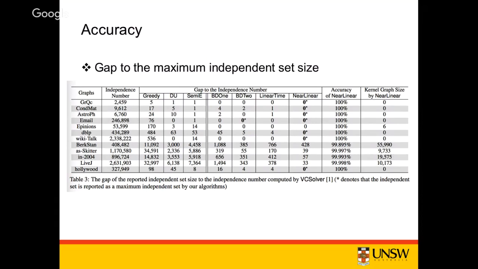Because our solution is an independent set, it's just not the maximum one, so we may miss some. This is the gap. Yeah, I know. I mean, you are measuring the gap using the number of sets. But do you have a number like how many nodes are there in the missing set? The independence number minus the gap is the independent set size we found. Yeah, I know, but it's a number of vertices. Yeah, this is one independent set. We do not have different independent sets. Got it. Thank you. All right, so let's thank the speaker again.